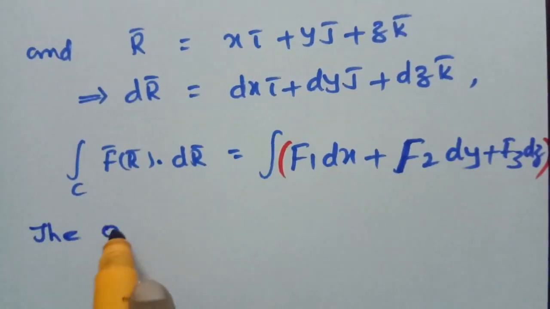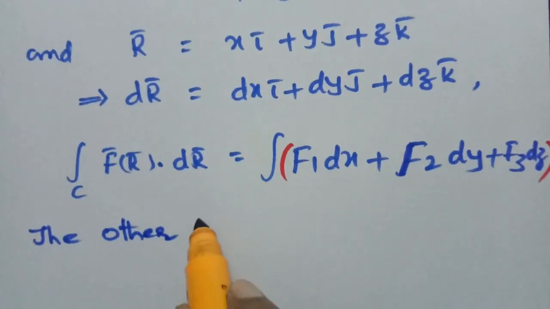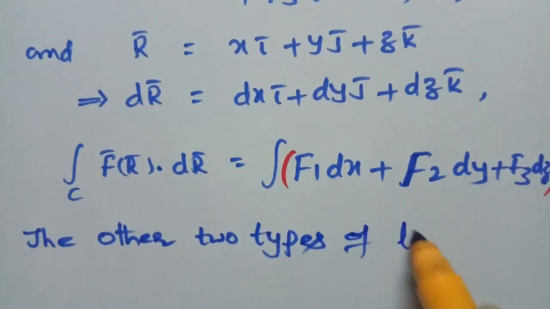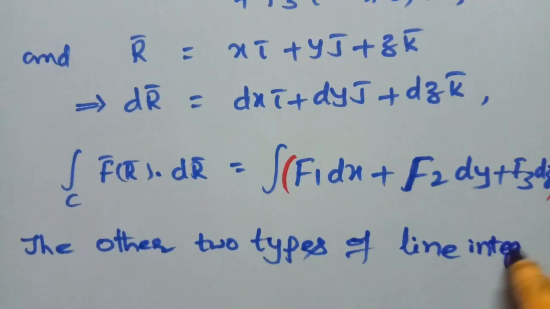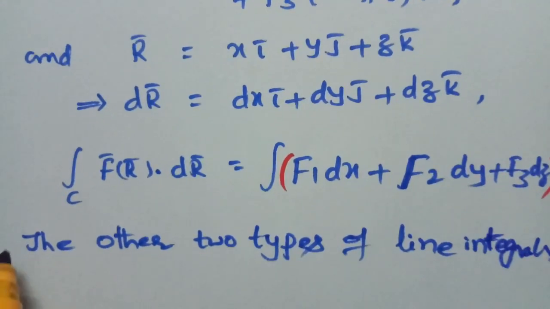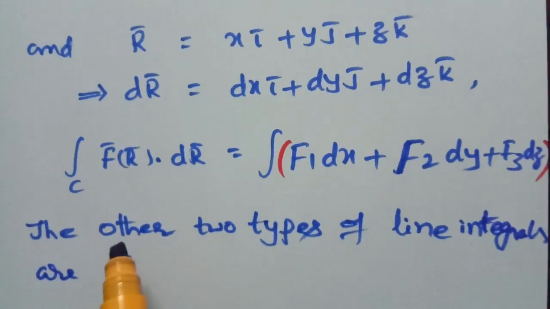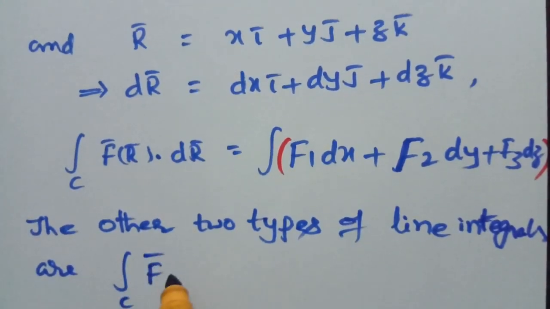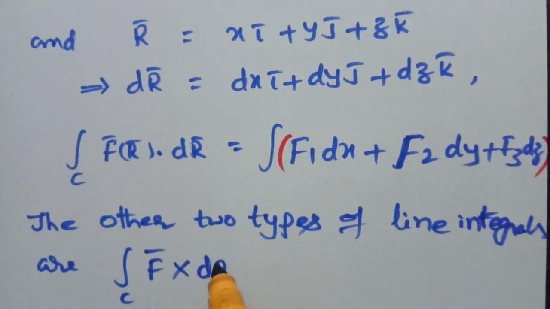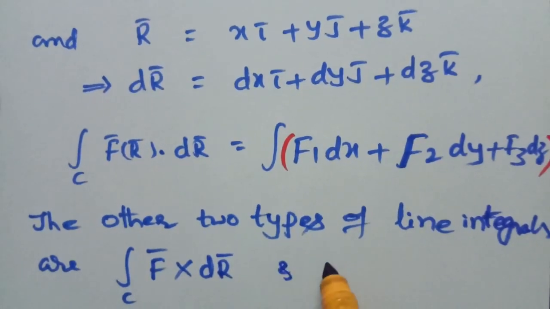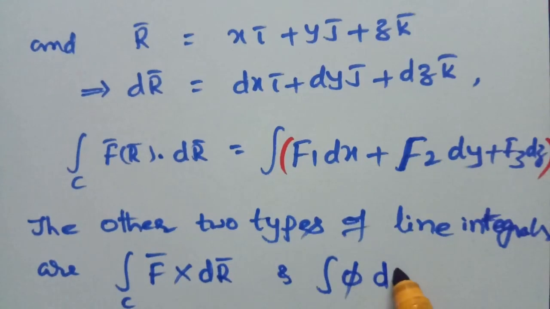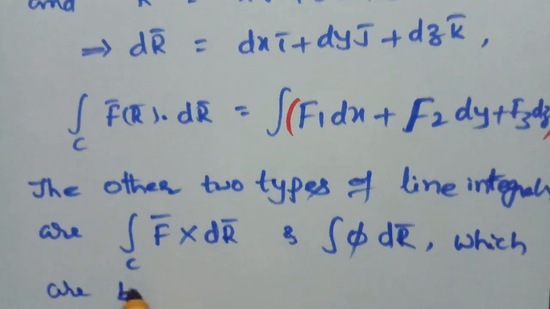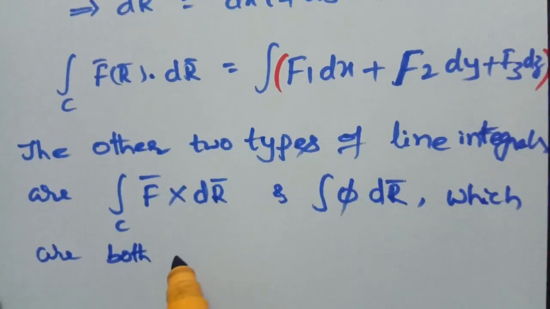The other two types of line integrals are integral over C f bar cross dr bar and integral over C phi dr bar, which are both vectors.